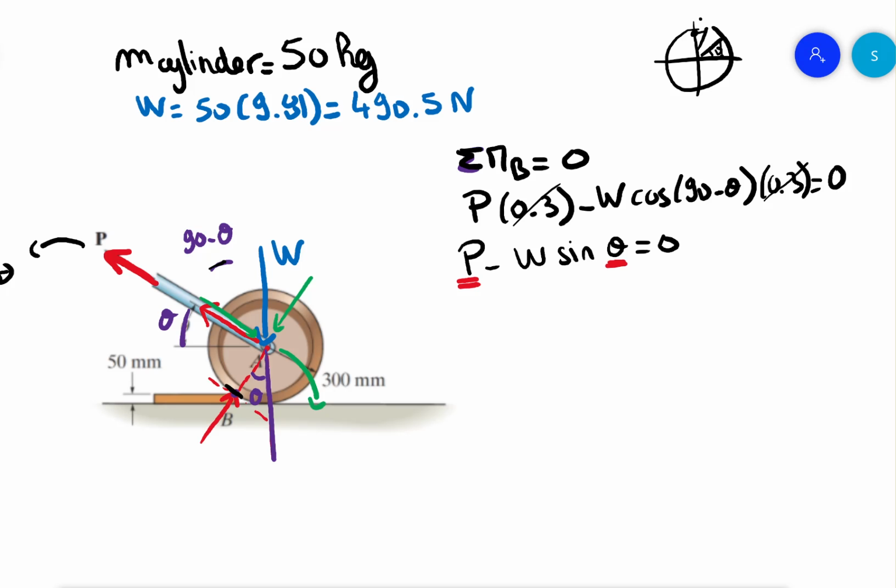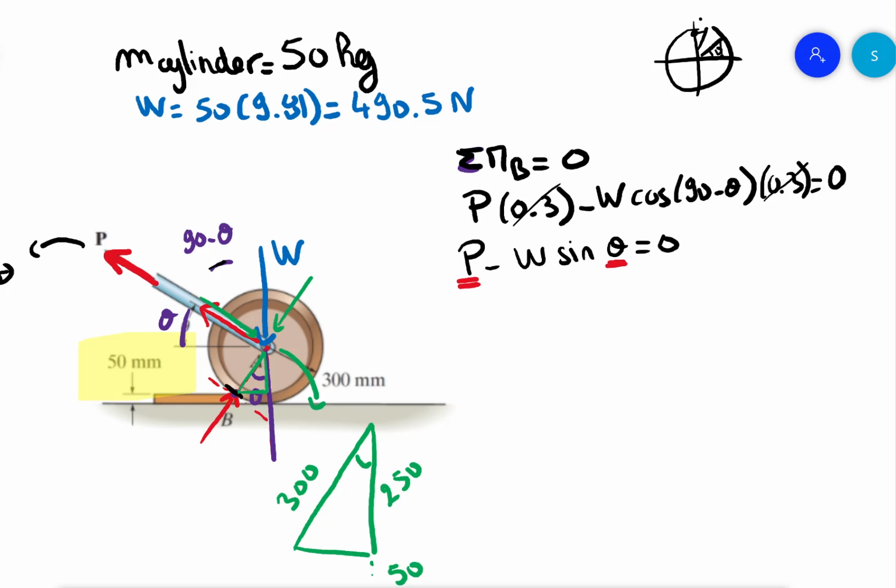We didn't use yet the step, this 50 millimeter step. So how can we use that? We can find theta with that because we have this triangle there, right? Let's make it bigger. We know that this one is 300, and the total is 50, so we have 250 left there.